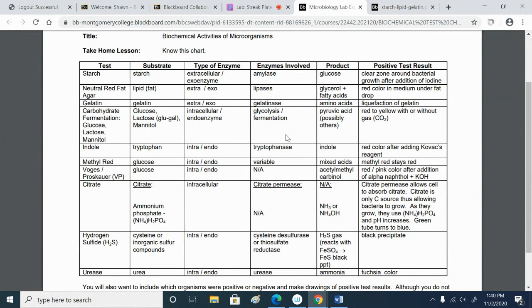And what enzyme hydrolyzes starch? What enzyme breaks down starch? If you took 150 at Rockville, you know this. Amylase, right? And technically, amylase hydrolyzes starch to produce maltose. What kind of sugar is maltose?